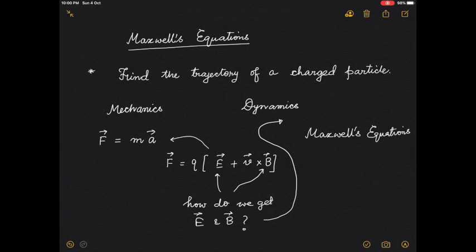But then you realize that the Maxwell's equations involve some types of derivatives of E and B on the left hand side, and I can write it this way, and on the right hand side I have charges and currents.